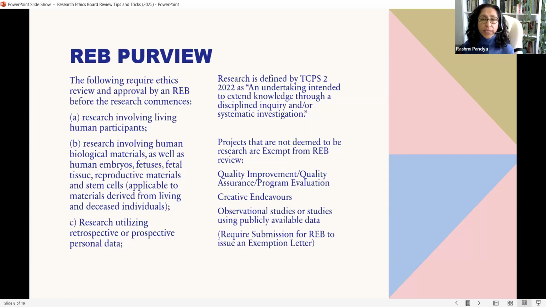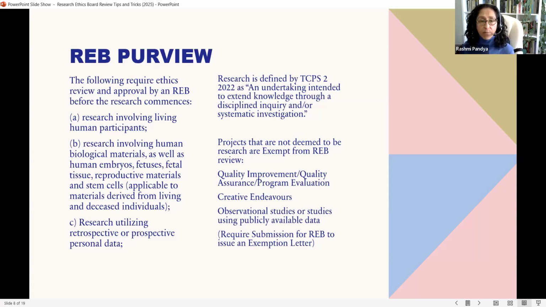Research is defined by TCPS2 as an undertaking intended to extend knowledge through a disciplined inquiry or systematic investigation. There are projects that are not deemed to be research under the definition by TCPS2 that still seem to follow quite similar methodology to actual research.